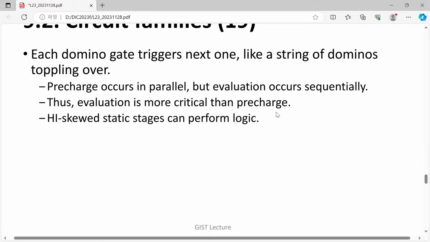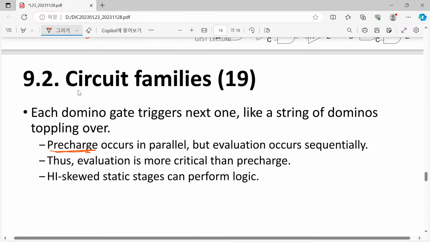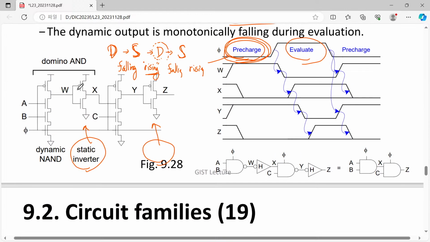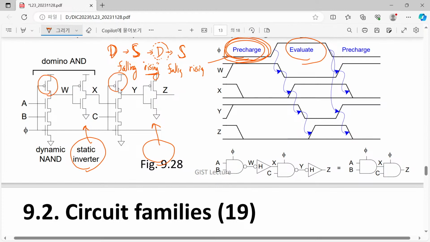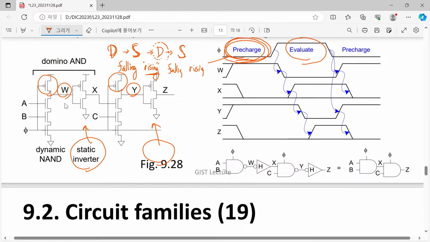So please note the pre-charge. When you pre-charge, each of your P MOSFETs here and there. Here we have just a two-stage domino gate, and in order to set your Y value and W value, your P MOSFETs work in parallel.